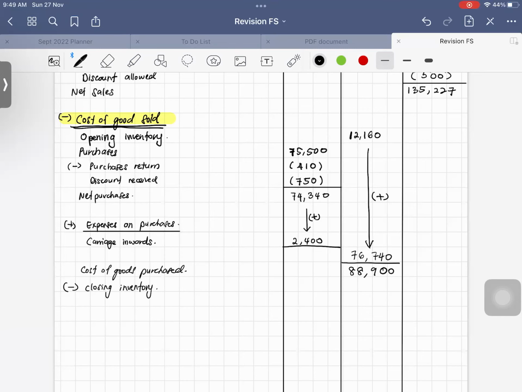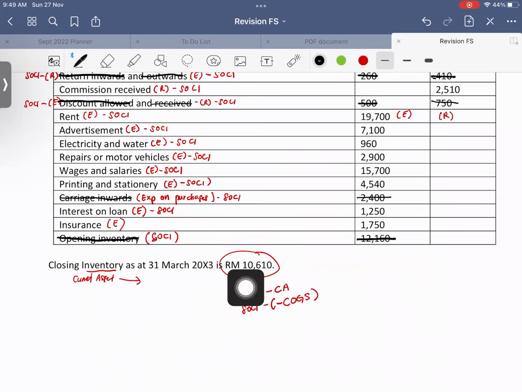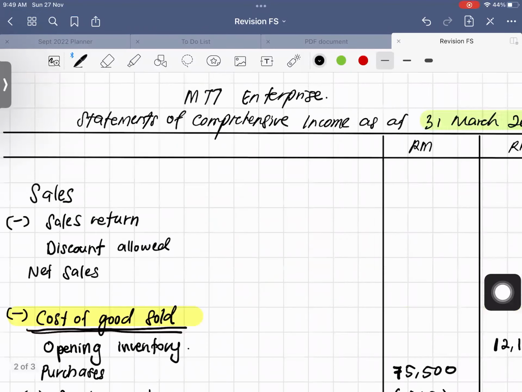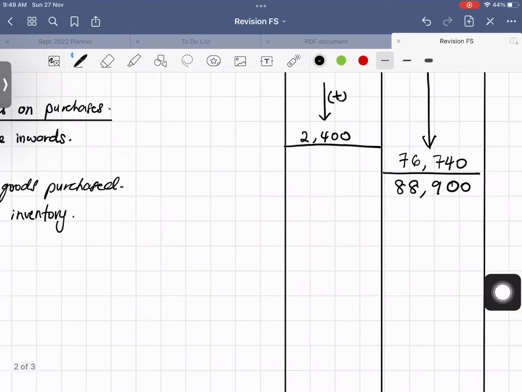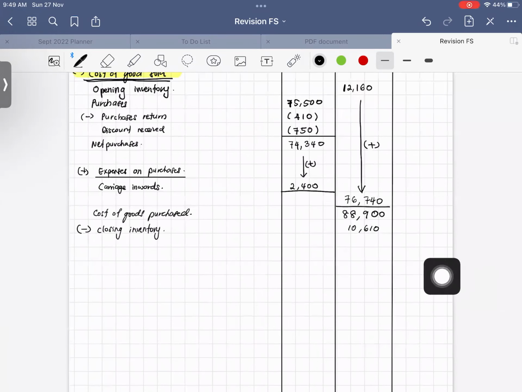Ada dekat dalam questions. It is 10,610. Because it is minus, so put bracket.